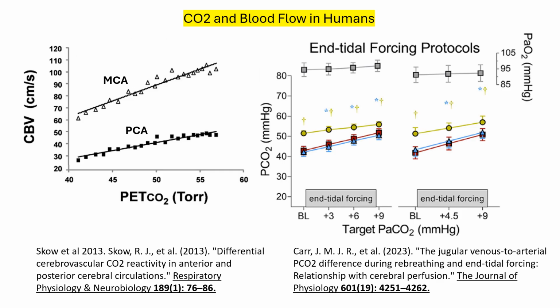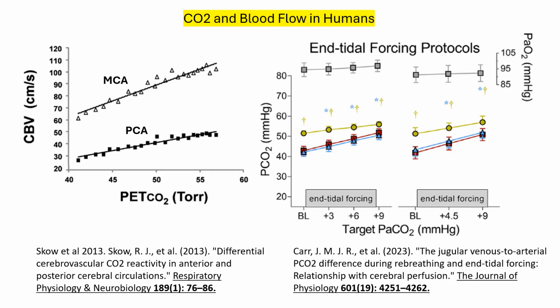As the data from Scow and colleagues show, the posterior cerebral artery, the PCA, and the basilar artery circulation supplying the medulla has a lower baseline flow and a lower sensitivity to CO2 than the middle cerebral artery, the MCA, supplying the cortex. Blood flow in the central chemoreceptor region will likely be less effective, therefore, in washing out CO2. In addition, with a lower resting blood flow, the difference between the central chemoreceptor tissue PCO2 and the arterial PCO2 will be less.